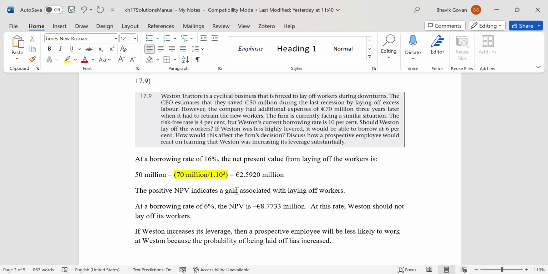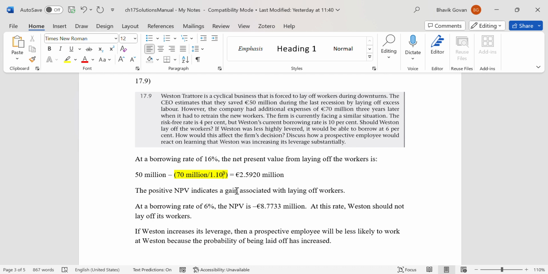I think that they've used the wrong borrowing rate. If you were to actually punch the 10% in this calculation into your calculator as it is, you'll end up with a negative amount, which would mean a negative net present value. But if you were to change the 10% to 16%, then you would end up with a positive net present value. So it could be a typo, just double check.